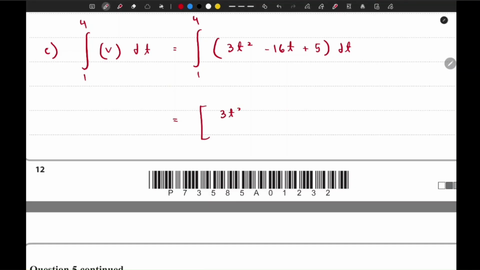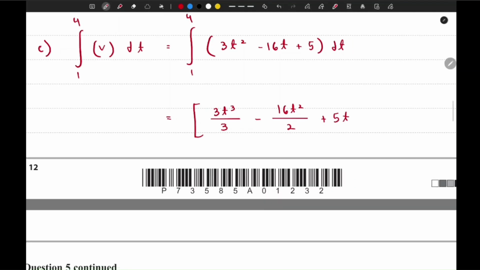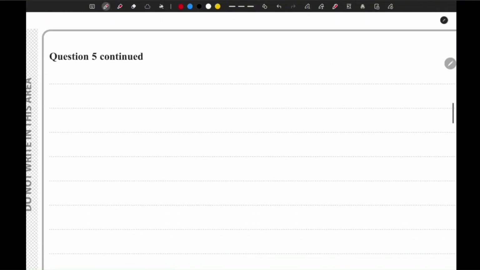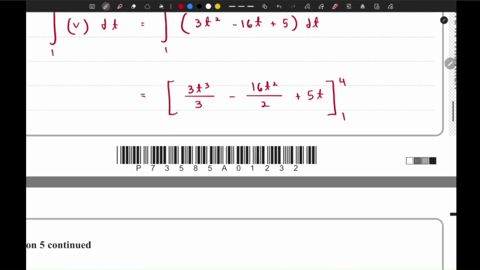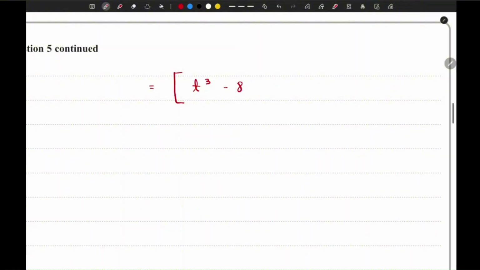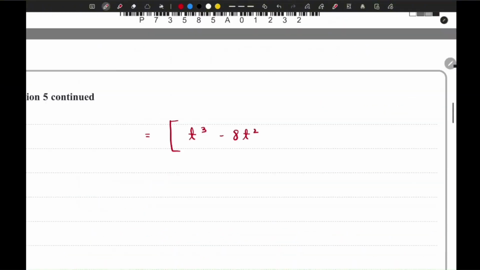3t cubed divided by 3, minus 16t squared divided by 2, plus 5t. And we do not need to write a plus c at the very end because this is a definite integral. So let's simplify this. So this will be t cubed minus 8t squared plus 5t.